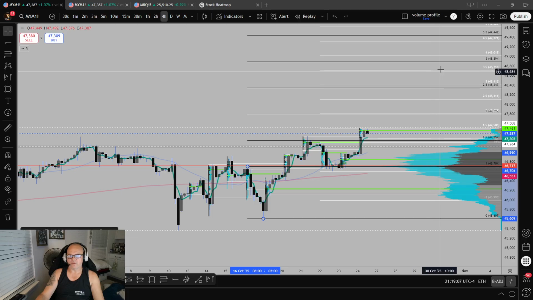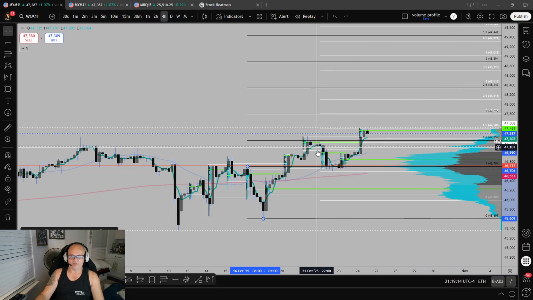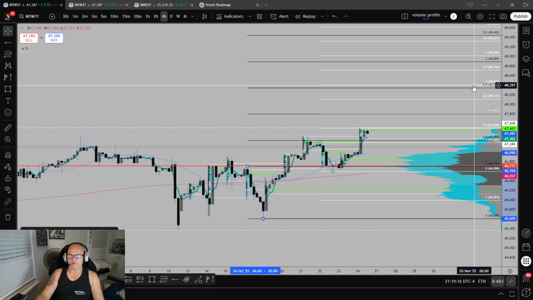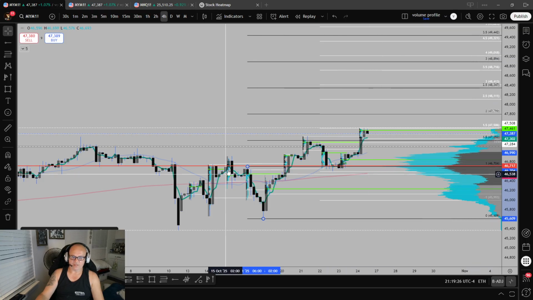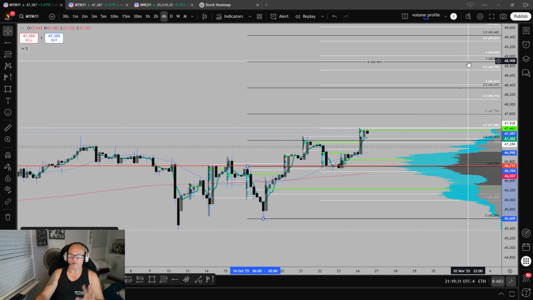So if we were looking at 3 to 4 standard deviations on this manipulation move, we would either be here or here. Well, this one lines up with the 2.5. The 4 standard deviations also pretty well lines up with the 3 standard deviations from this move. Remember, I'm looking for 3 to 4.